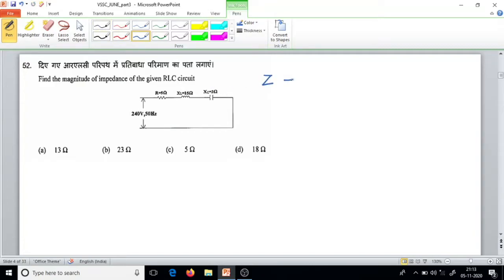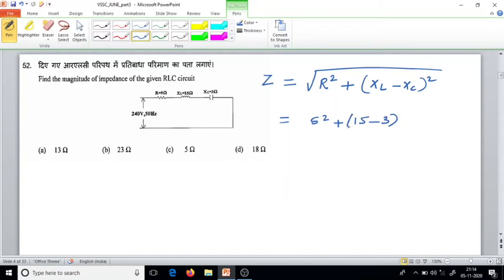Impedance equals square root of R square plus XL minus XC whole square, since XL is greater here. What is the value of R? 5. So 5 square plus XL equal to 15, 15 minus 3 whole square, under root.